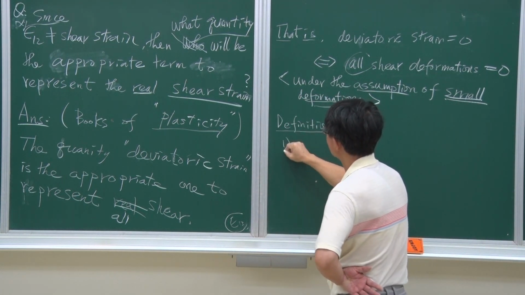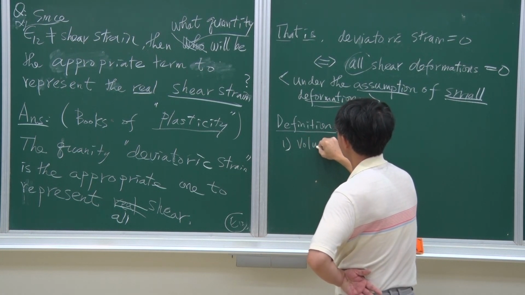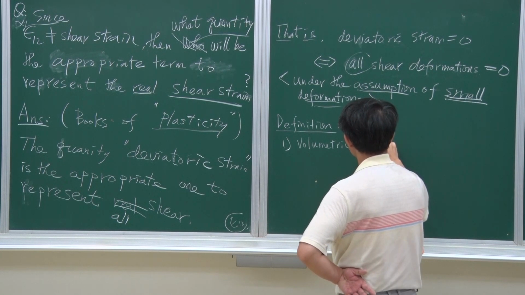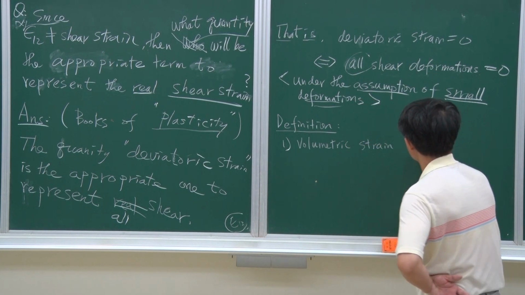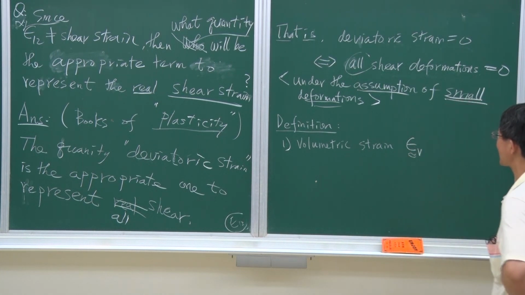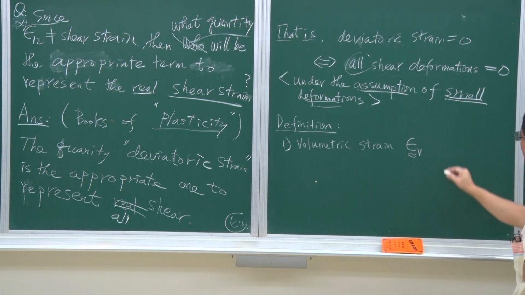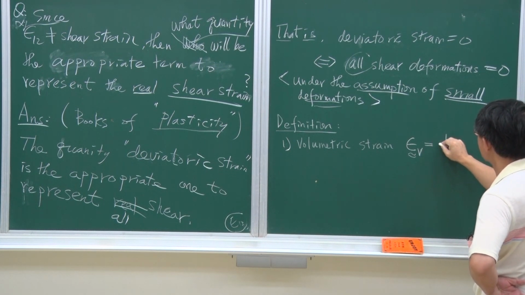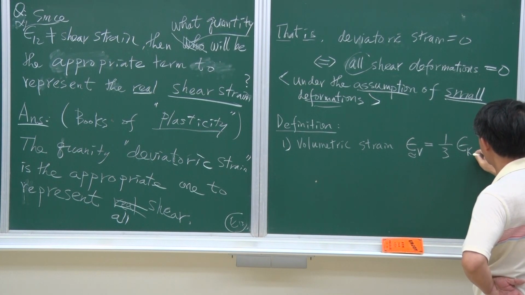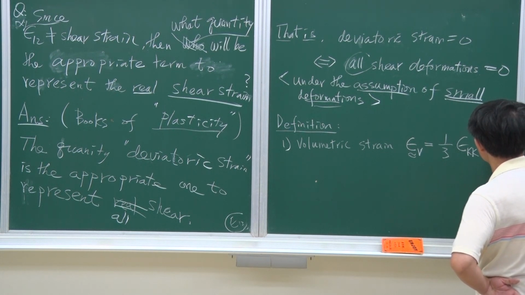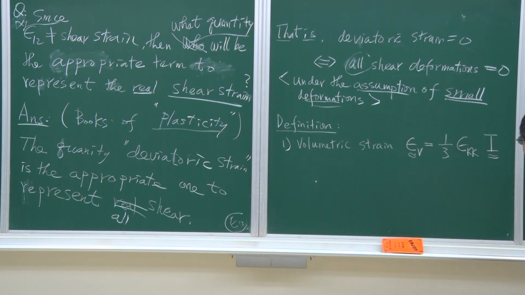One, the volumetric strain, epsilon V, equals 1/2 epsilon kk.